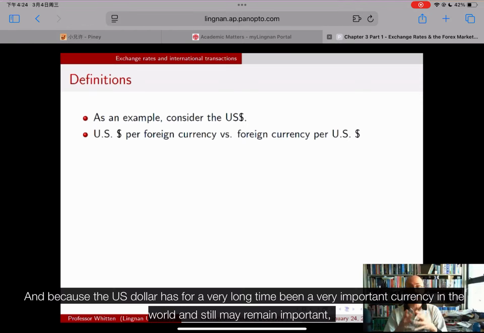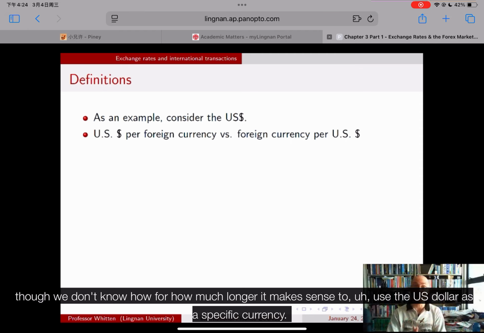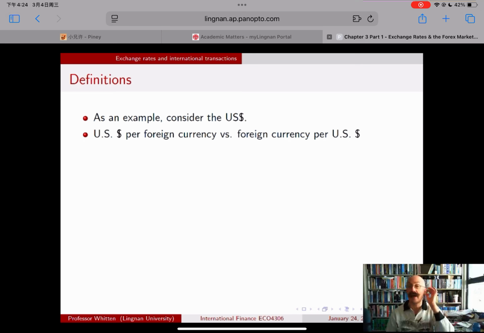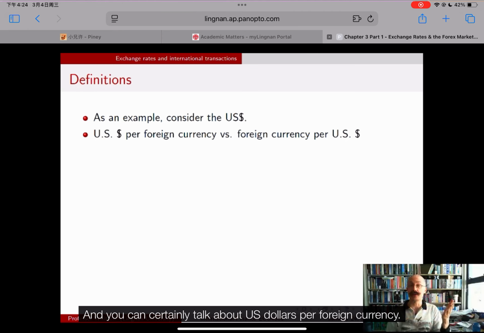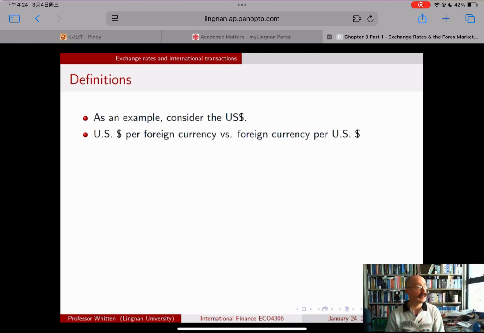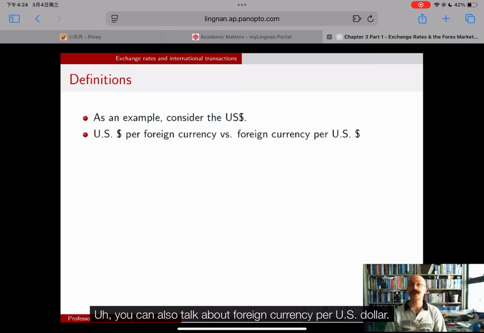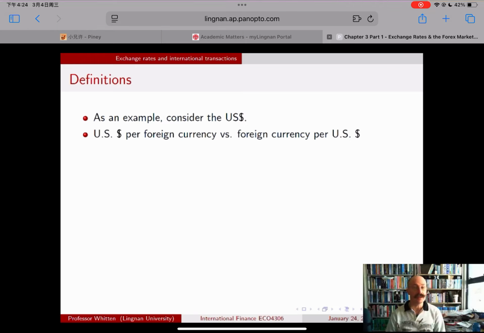And because the US dollar has for a very long time been a very important currency in the world, and still may remain important, though we don't know for how much longer, it makes sense to use the US dollar as a specific currency. And you can certainly talk about US dollars per foreign currency. You can also talk about foreign currency per US dollar.